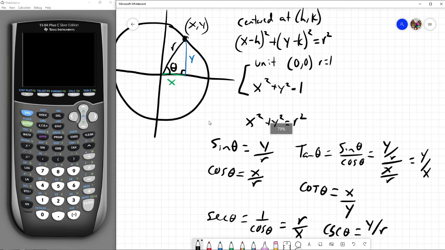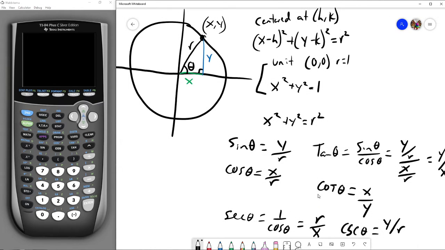So let's zoom out a little bit so we can see that. So all 6 of these trig functions we define as ratios of the sides of this right triangle. And so we can talk about right triangles and how to find sides and angles.